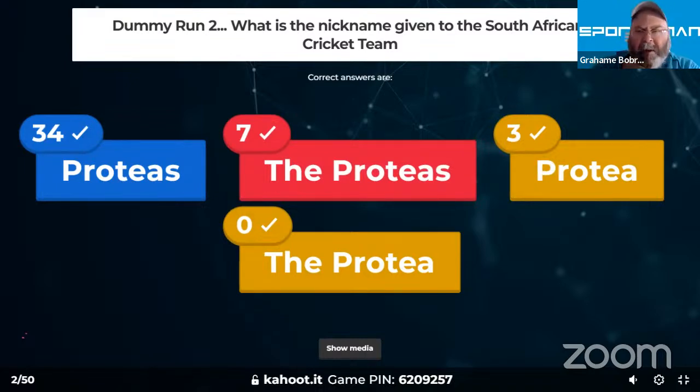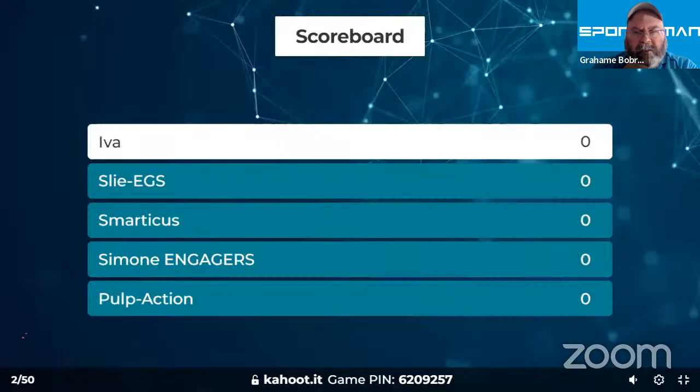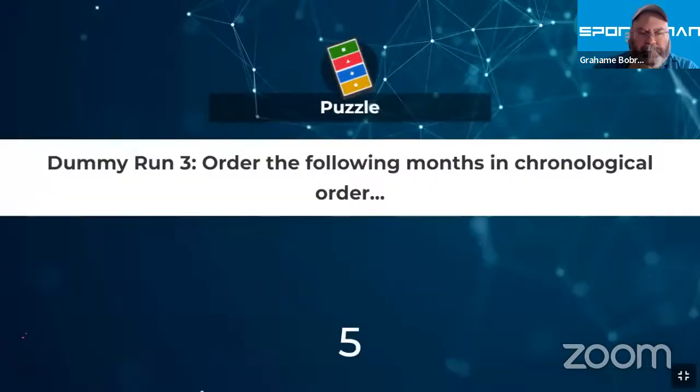Okay, and the last dummy question is one where we have to order the answers on your phone. So you're going to get a question which is going to ask you to order something from smallest to largest or fastest to slowest or something like that, and you'll move those little blocks on your phone to get the places where they need to go. There we go. Question number 3, dummy. Order the following months in chronological order.